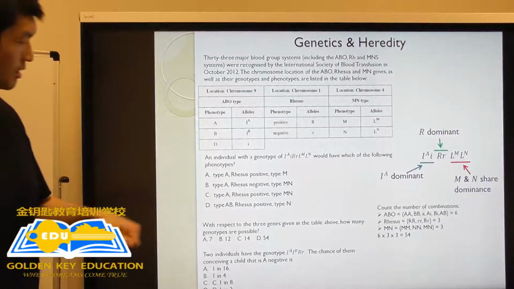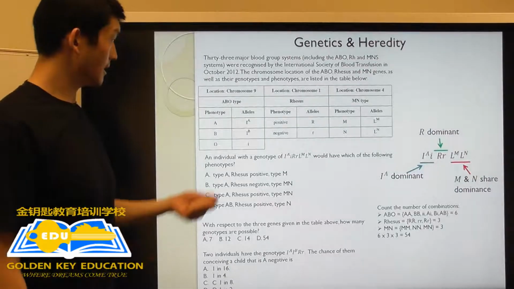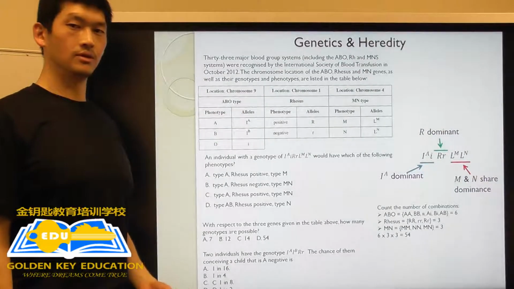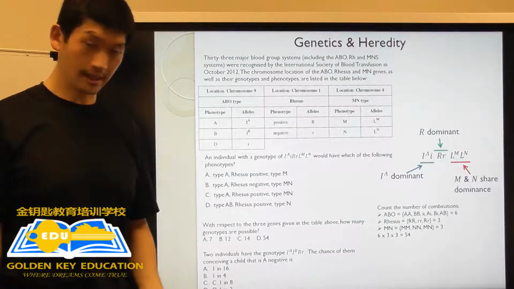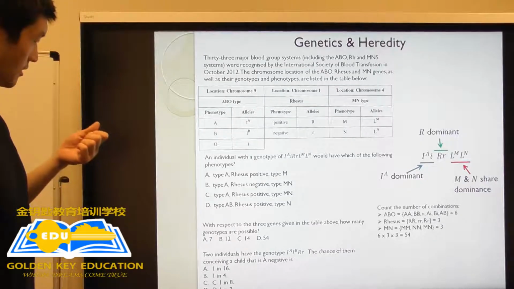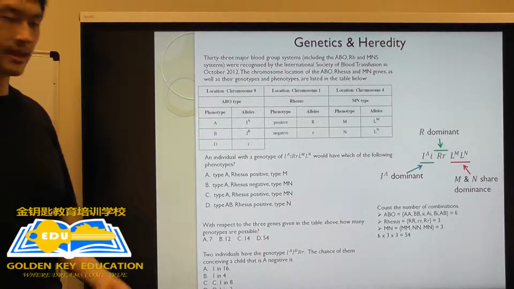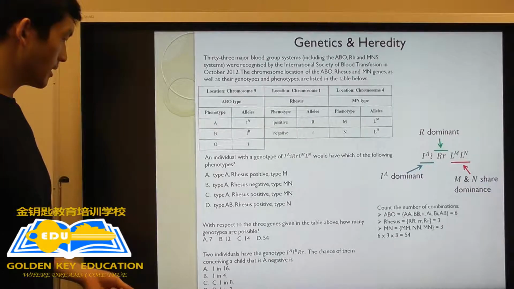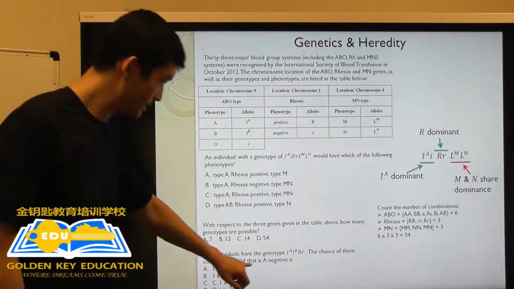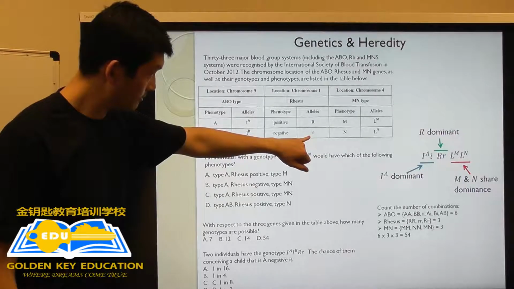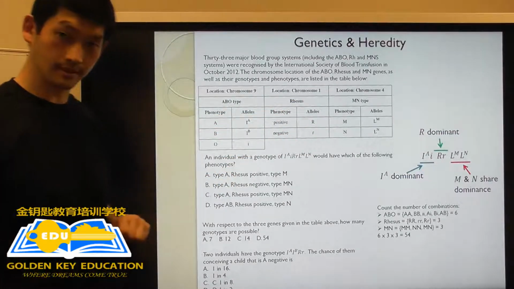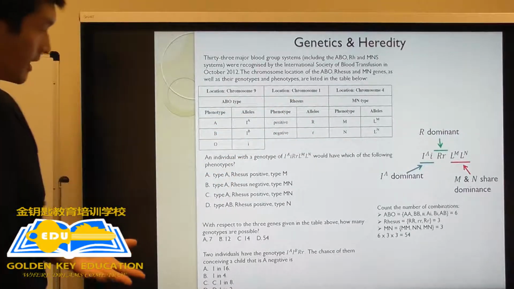And the combination of the capital R and lowercase r in the rhesus blood system tells you that the parents are also heterozygous. So parents that are heterozygous producing a child that is negative under the rhesus system, what is the probability of that?